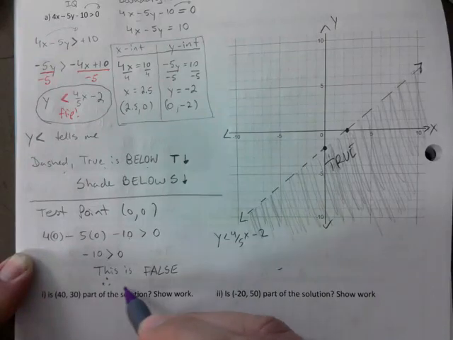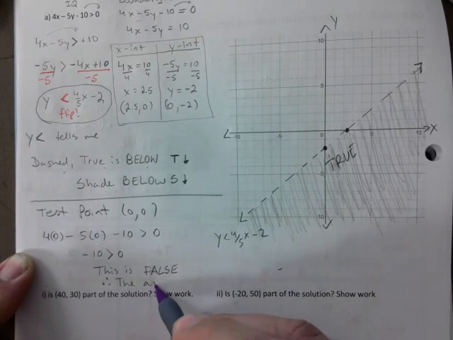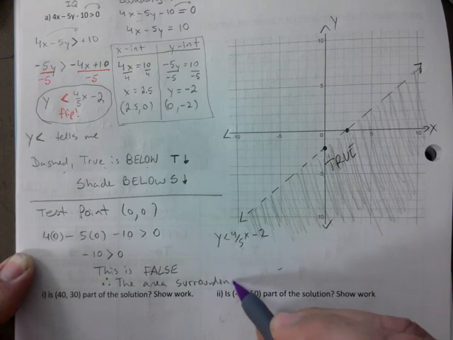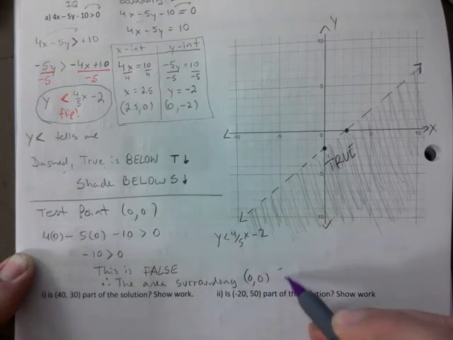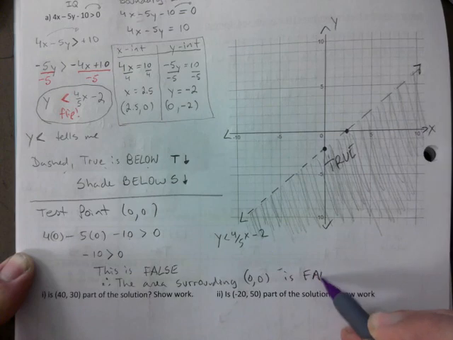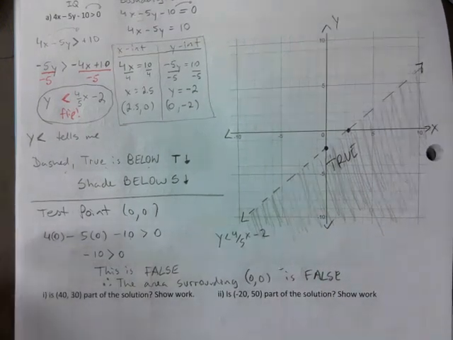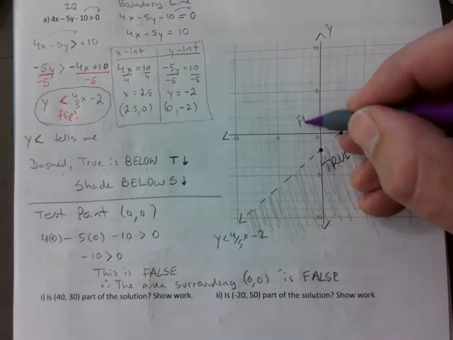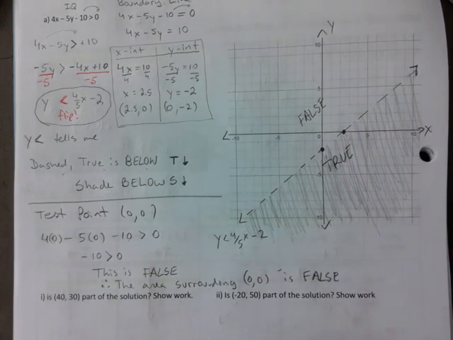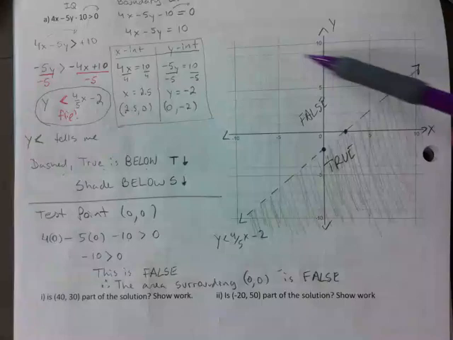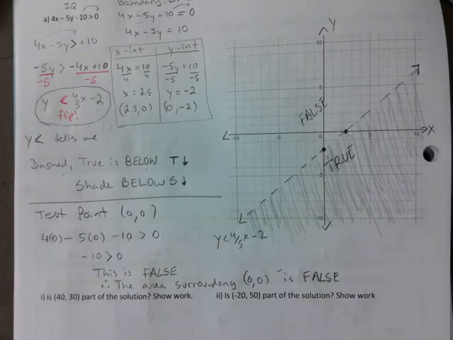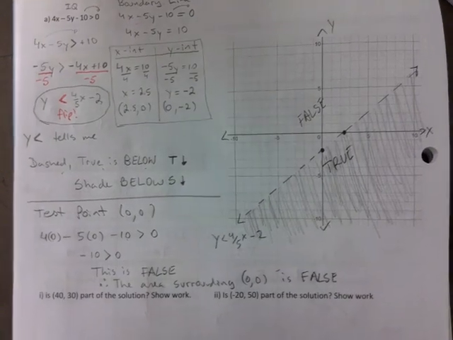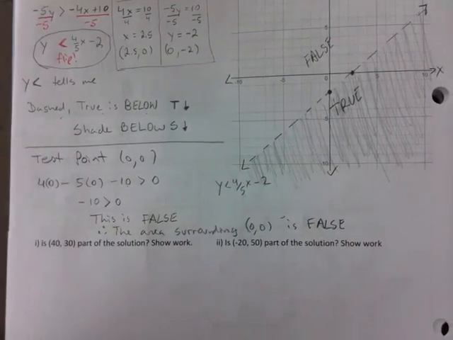Therefore, the area surrounding 0, 0 is false. So it's just a slightly different approach, but it works every time. Okay, we knew that this was false. In fact, any point in this region is going to be false, but we don't want to test them all. We just want to test one and come up with our solution.